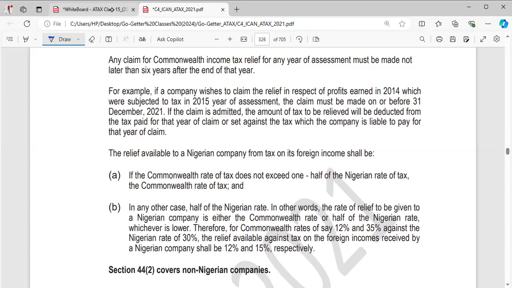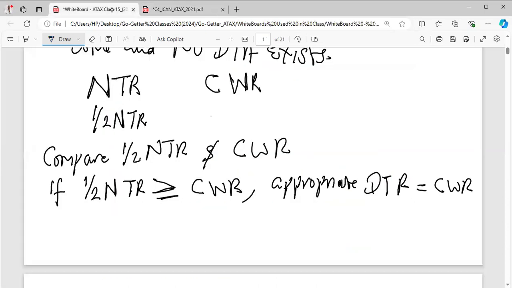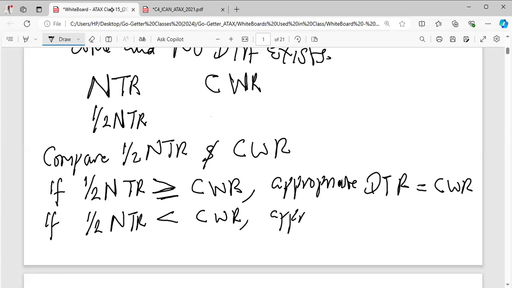Then in the other case, half of the Nigerian tax rate. So now we are seeing that if this is actually less, if Nigerian half rate of tax is less than the Commonwealth rate, then you will say the appropriate DTR will be half Nigerian tax rate.